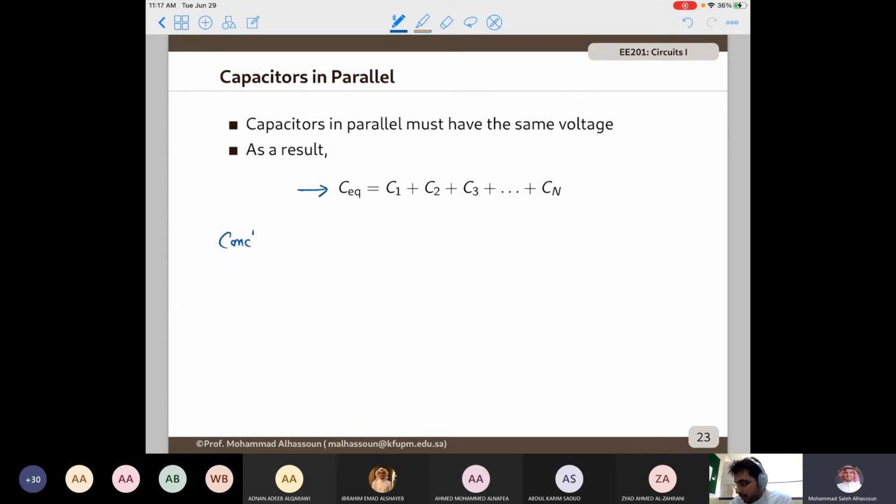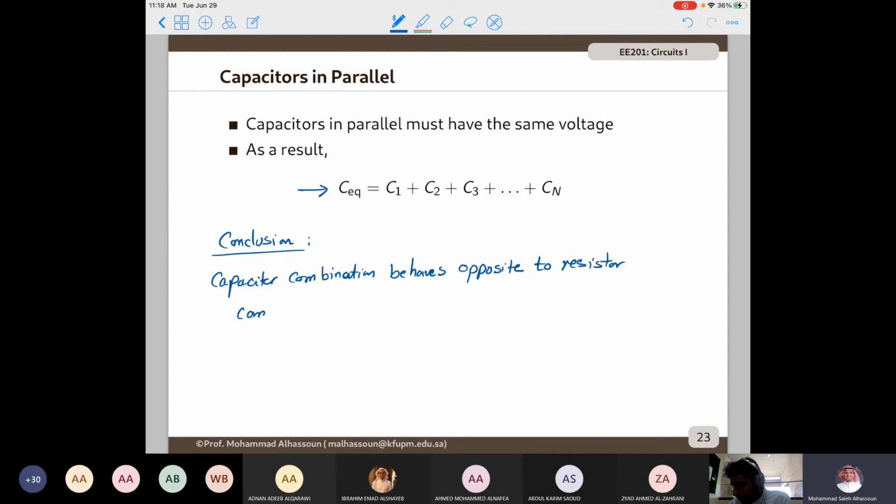So in conclusion, capacitor combination behaves opposite to resistor combination.